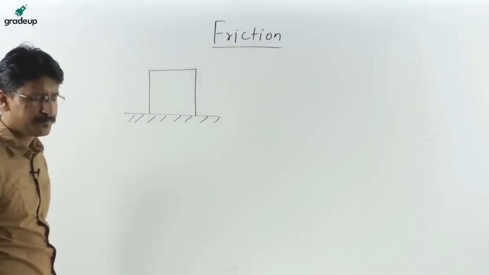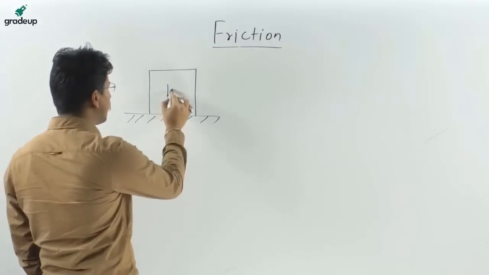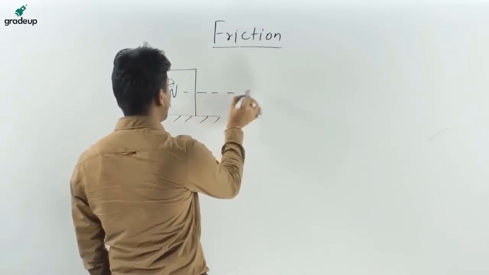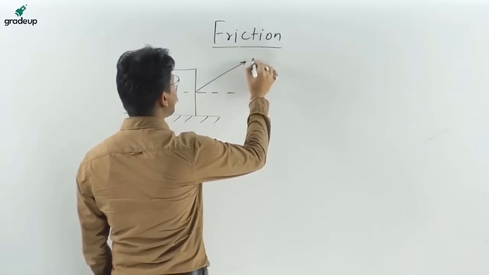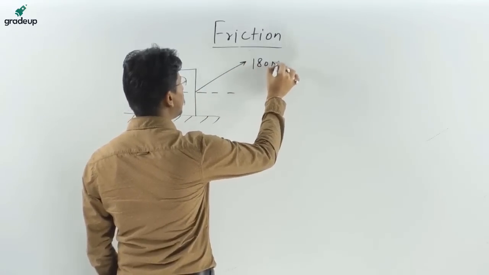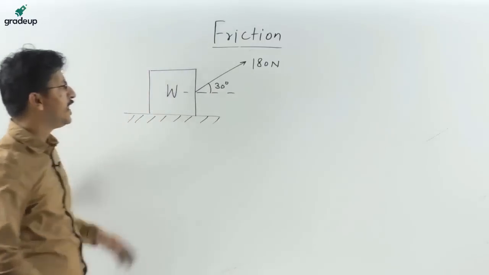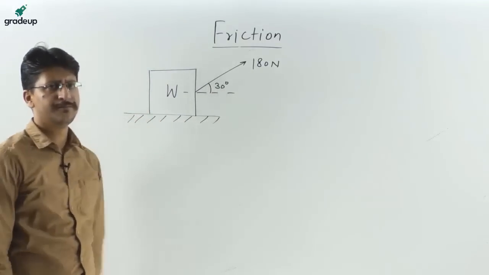This is a block of weight W. In one case, it is pulled by a force of 180 Newton applied at an angle of 30 degree, and it just starts to move.